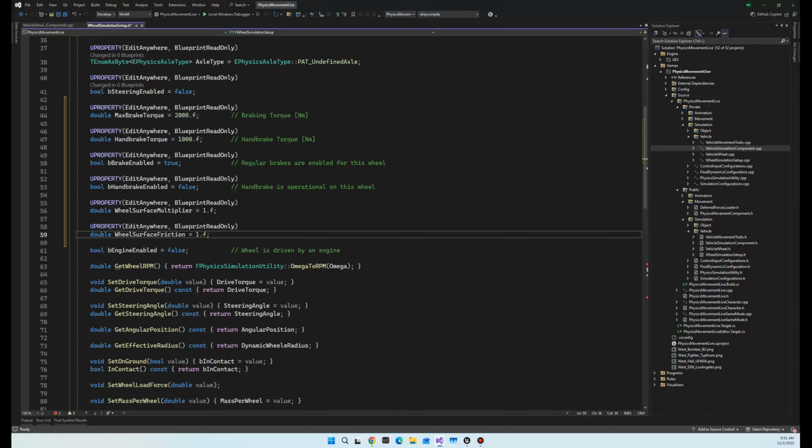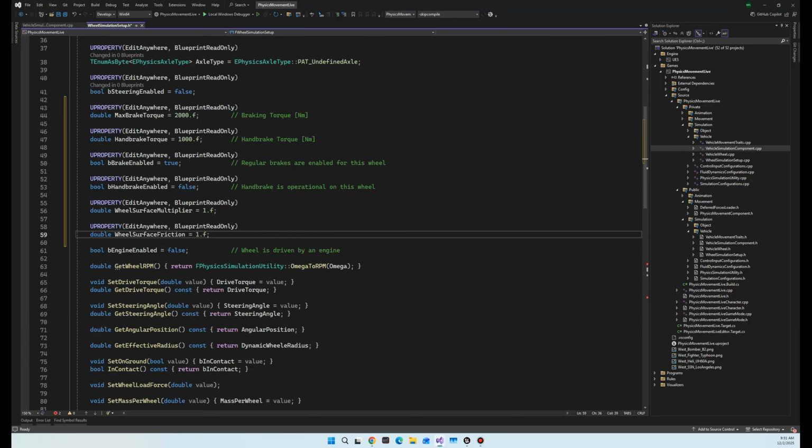The way that wheel friction works is every tire or every wheel has a friction value for the material that tire is going over. But because we may have different types of tires for different vehicles, I want to split that value out, and so that's what we're going to be doing here between the wheel surface friction and the multiplier and the ground friction.